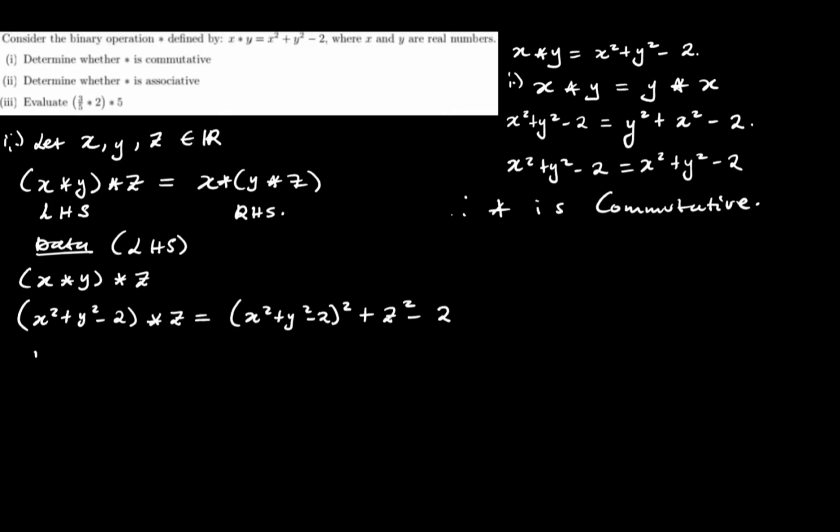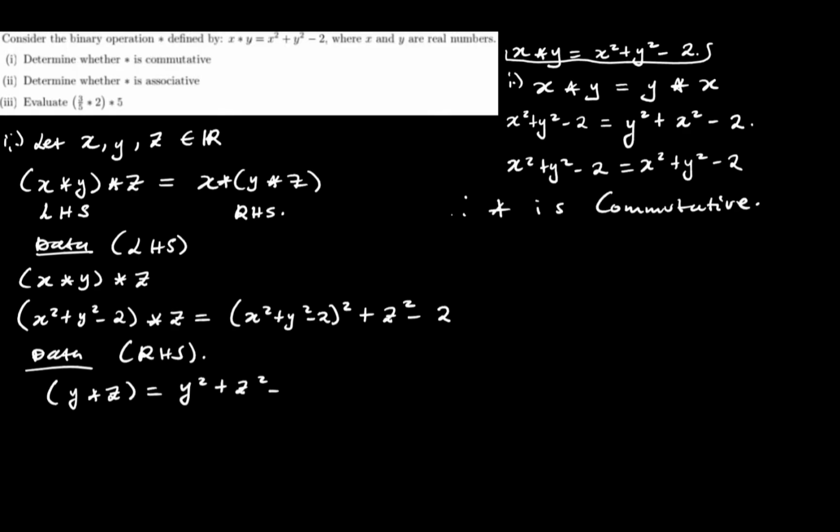Then the next part is for the right hand side. Remember, we have to always begin with the brackets. So let us find y star z. From the operation in the question, we will have y squared plus z squared minus 2.